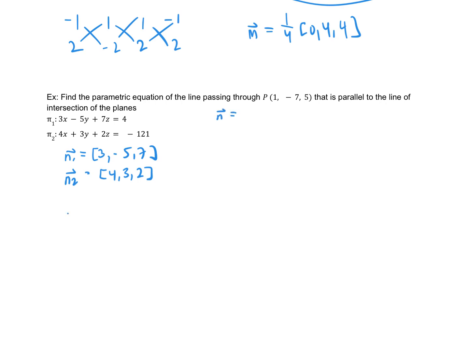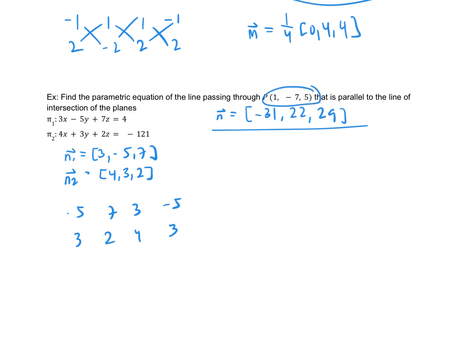So, negative 5, 7, 3, negative 5, 3, 2, 4, 3. And now we have negative 10 minus 21. We have 28 minus 6. And we have 9 minus negative 20. So now if we want our line to be parallel to the line of intersection, we just have to be collinear to this, which means we can use exactly that vector.